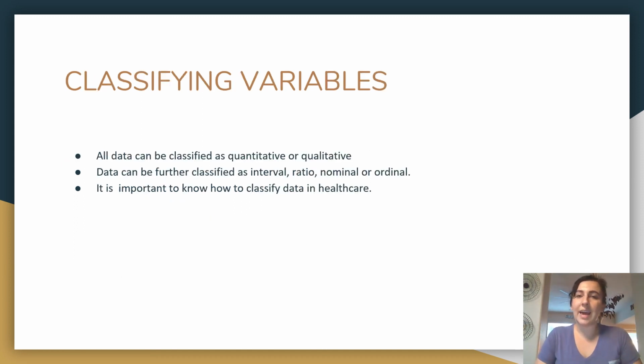Okay, so just recapping a little bit on classifying variables. When you're given a study and asked to look at the variables, it should be obvious now that you can classify them as either quantitative or qualitative.